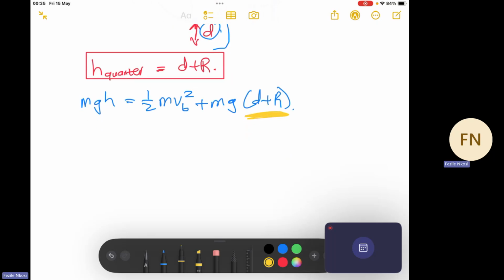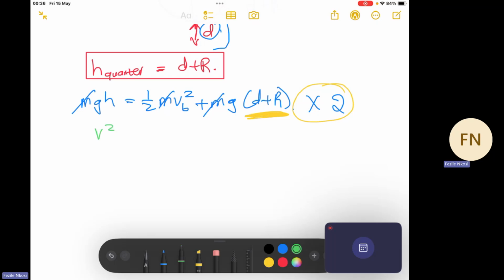And it's as simple as making v the subject of the formula. Let's see, what do we do here? Multiply by 2 both sides. Let's use a different color here so I don't get confused. So what do we have? Right, let's use green.